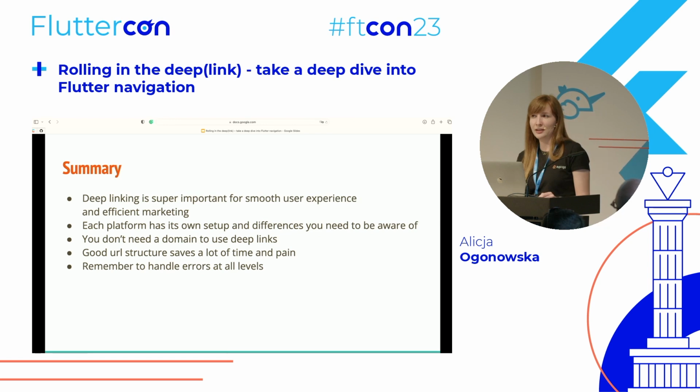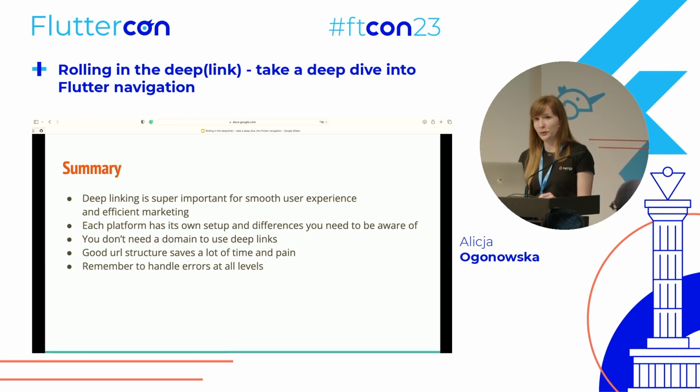As a summary of the whole talk, I would like you to keep in mind that deep linking is super important. If you want your users to be happy and use your app with pleasure, then you should definitely consider implementing it. You have to keep in mind that each platform has some differences. So even if in Flutter we say that we write one code and run it at least twice, sometimes the native setup needs to also be done.